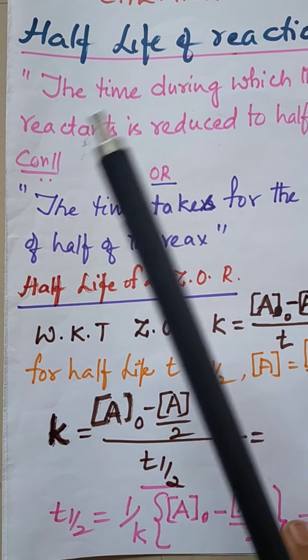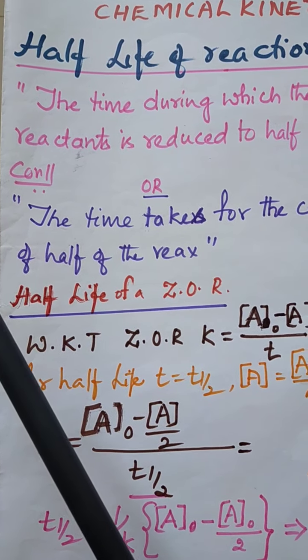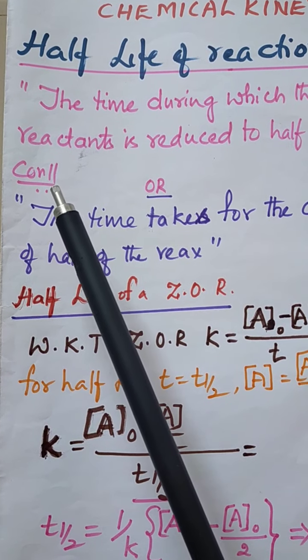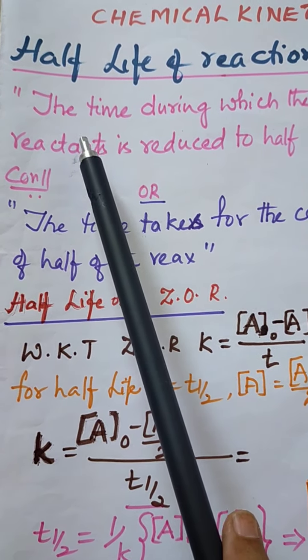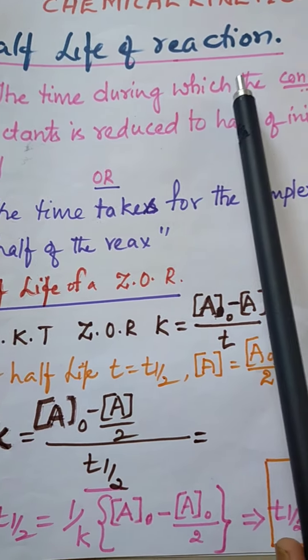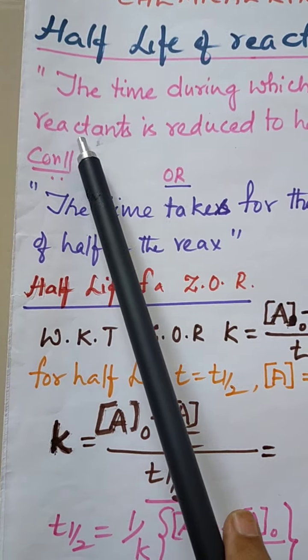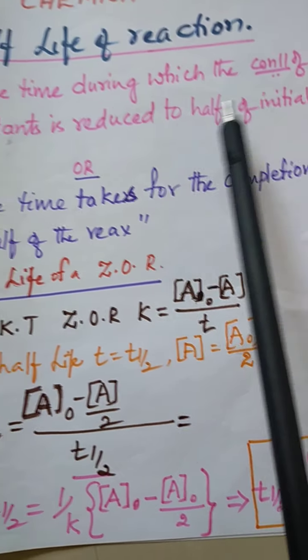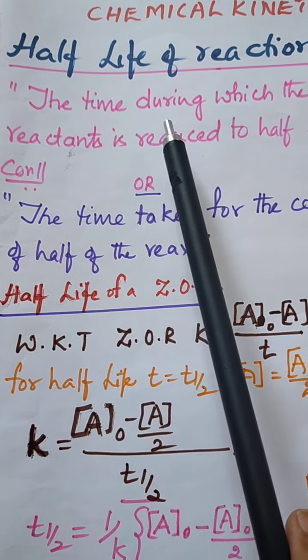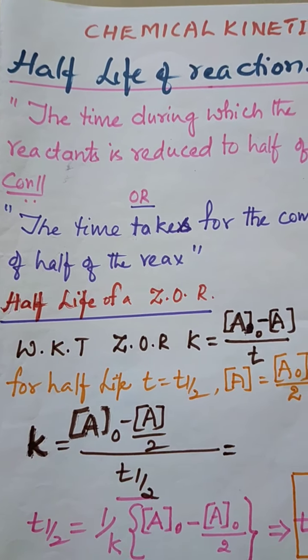So I repeat, the time during which the concentration of the reactants is reduced to half of the initial concentration is called the half-life of the reaction.